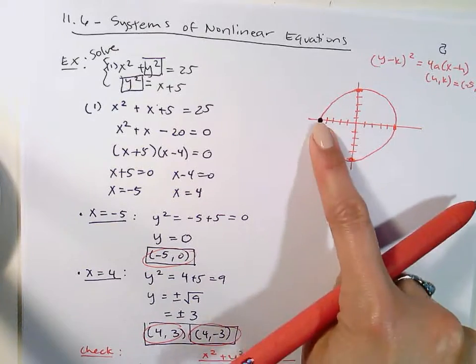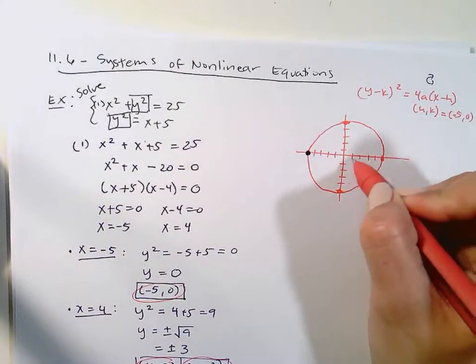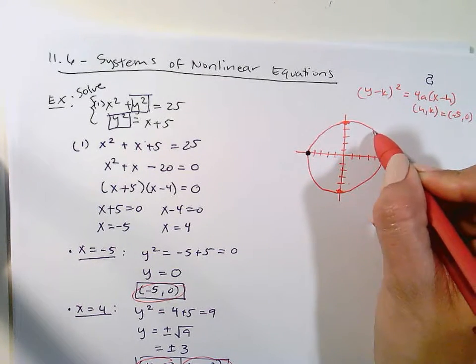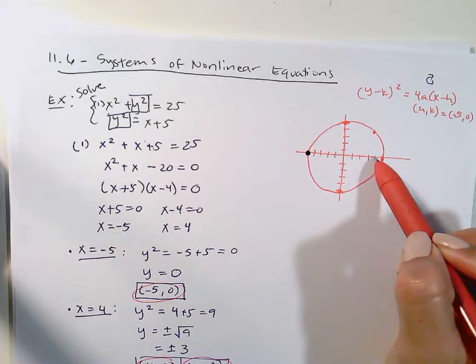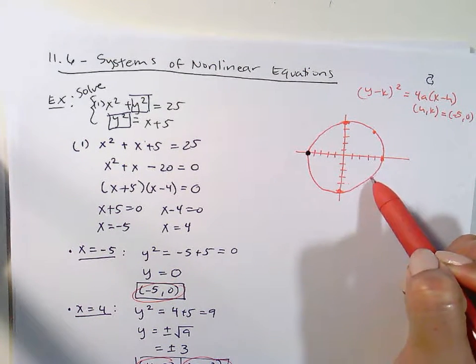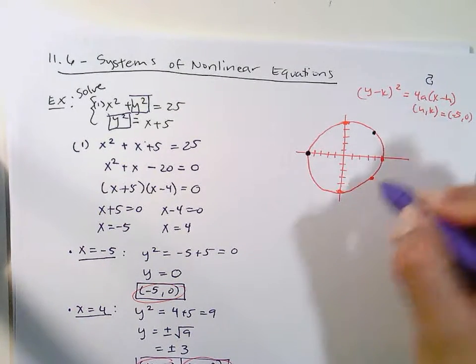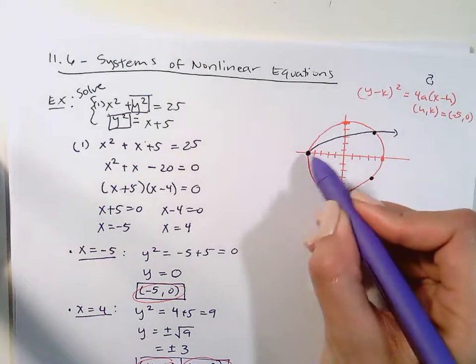We can see that at this point, and then 4, 3, and 4, -3. So we go 1, 2, 3, 4 to the right, and then 3 up, and that would be this point here. And then for -3, you go 4 to the right and 3 going down. So that means that my parabola is going to also go through those points.